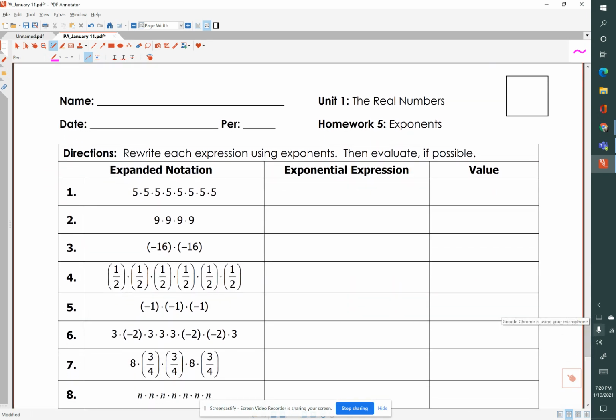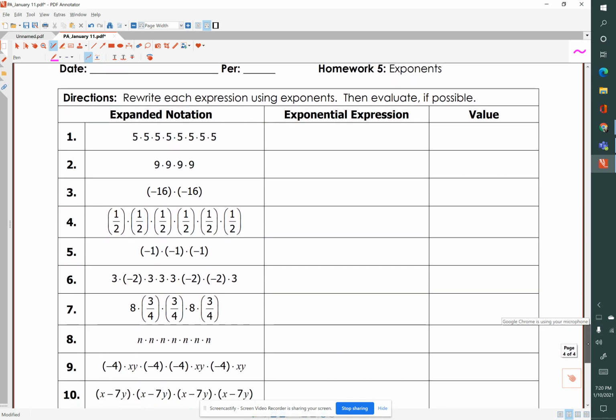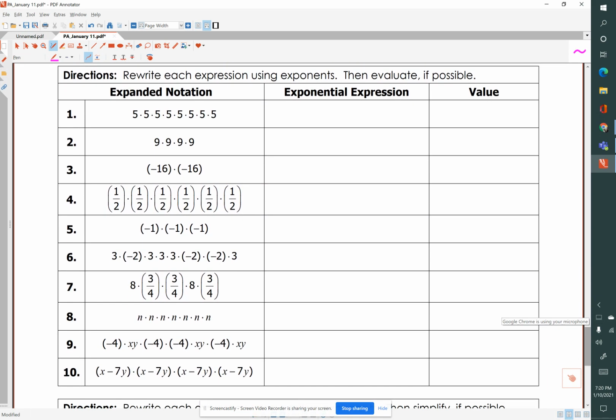So today we're finishing up with exponents. We'll complete a chart and we'll do some evaluations. So if I have this, like I have in number 1, 5 times 5 times 5 times 5 times 5 times 5 times 5 times 5, that is repeated multiplication. That's why it's an exponent, and we can express that as 5 to the 8th power.